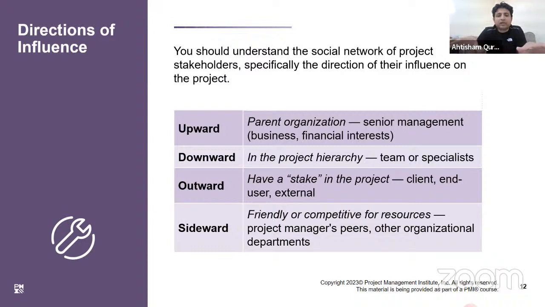From where can you get influence? You can get influence from the people who are your peer project managers, the functional heads, other departments. So they can become your stakeholders, right? So you need to see that your communication is happening upward, downward, outward, sideward, and your stakeholders are all those people with whom you are communicating in all these directions. And these are the directions of either you influencing them or you getting influenced, and ultimately your project getting influenced, right?